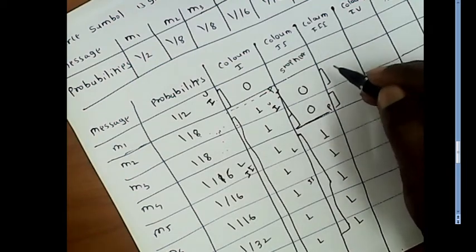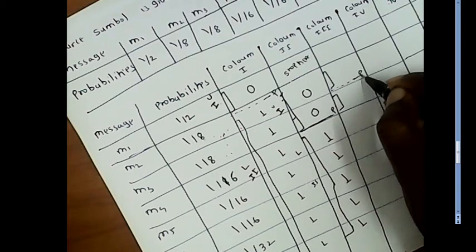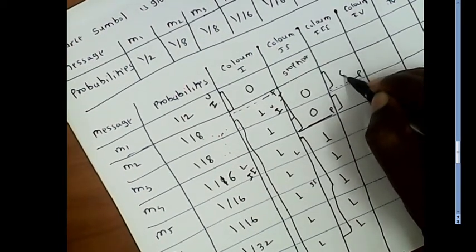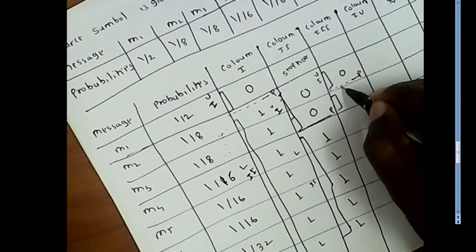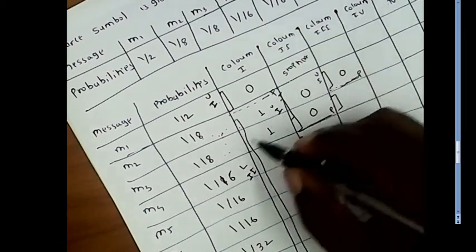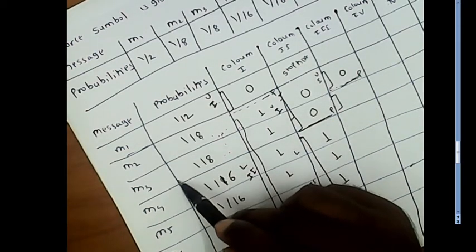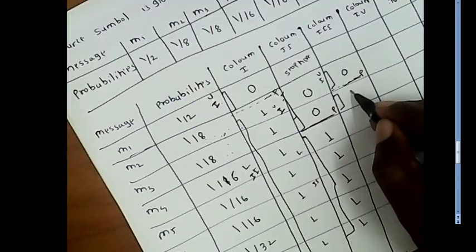So in the third step we repeat: we take a partition, assign 0 to the upper set, and this is the lower set. We take the two sets M2 and M3 in the third step, and assign 1 to the lower one.